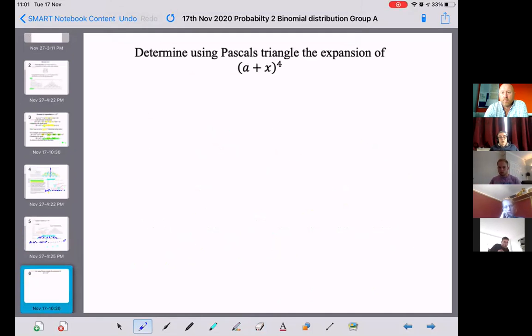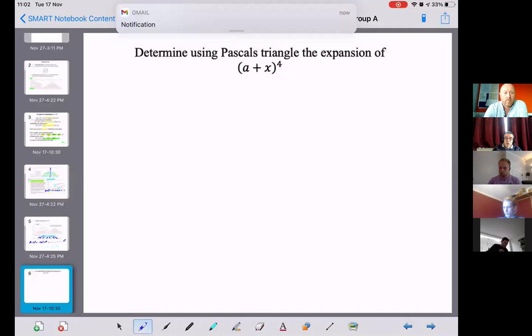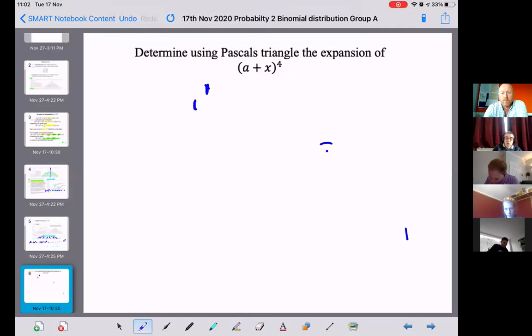So if we want to do, without looking back, using Pascal's triangle, the expansion of (a + x) to the 4, we can build our Pascal's triangle quite easily, because it starts with 1 at the top, and then it's always got 1 on the ends. So that top one is (a + x) to the 0. This is to the 1.